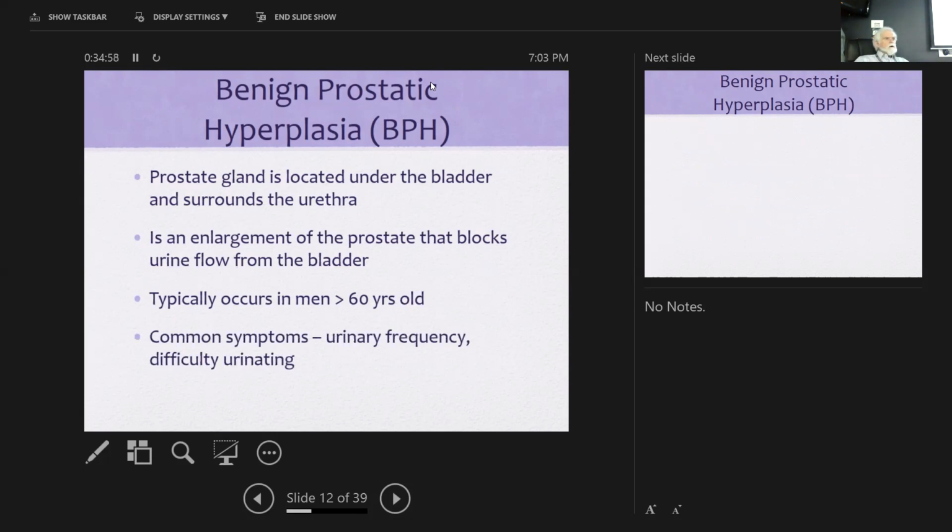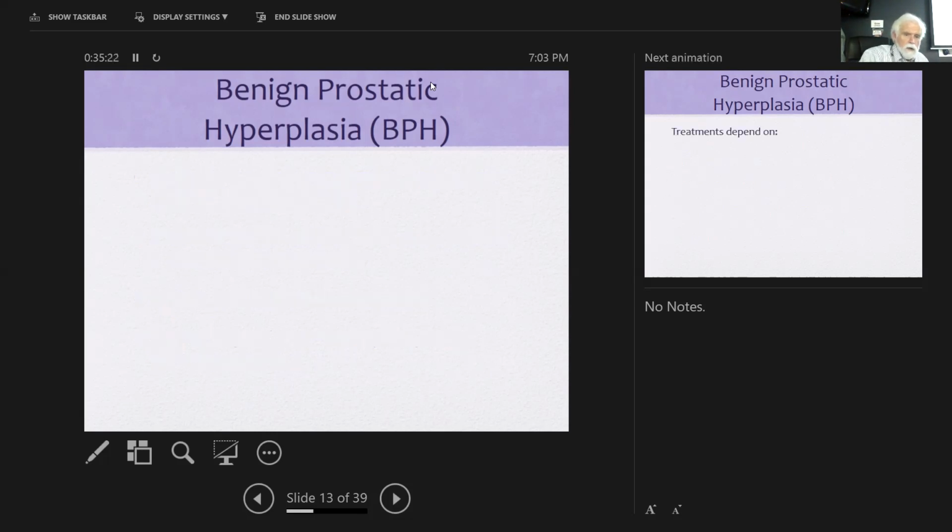And really, it's not particularly painful, but the real symptom of BPH is frequent urination and small amounts of urination, because only so much is going to flow out of the bladder, and difficulty. It can get to the point where we need to do something about it.